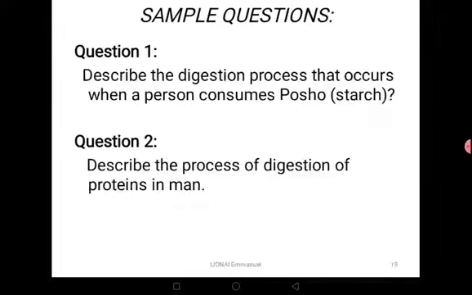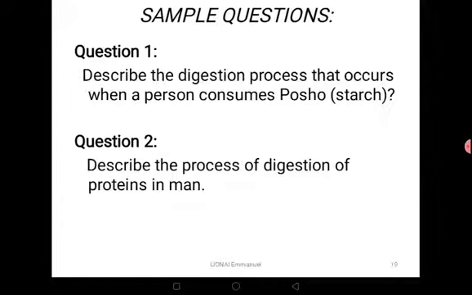So you send your essay. I want to see that beautiful essay you have written about the process that occurs when a person consumes posho, the process of digestion. It will be very unfortunate if you cannot describe how posho is digested and what food substances are contained in posho. What we are talking about is starch.